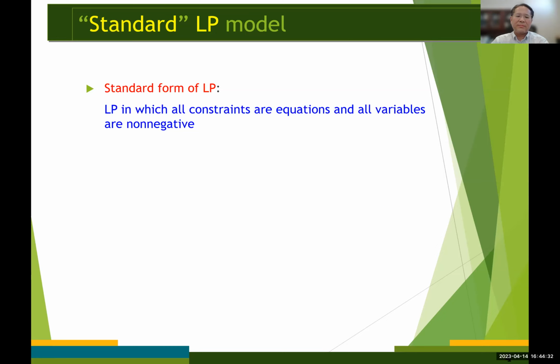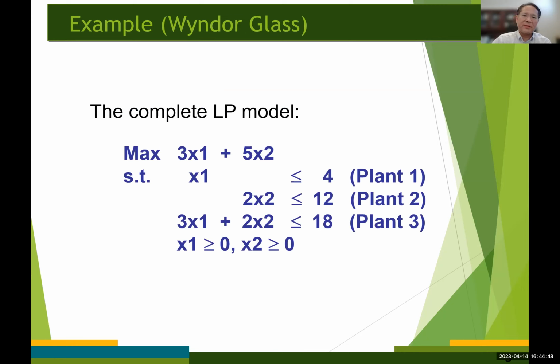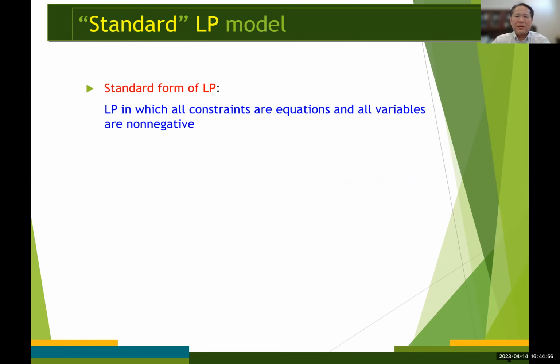And the first terminology that we are going to talk about is the standard LP. Okay, so the complete LP model for the window glass example could be converted into an equivalent problem in which all of the constraints are equations and all the decision variables are non-negative.